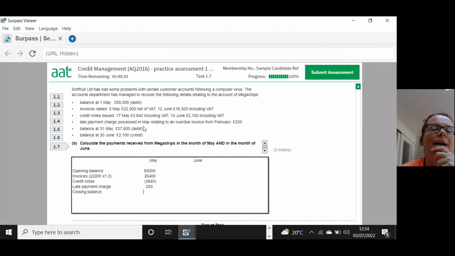If the closing balance is a debit, that means that the carry down is basically the opposite of the opening balance, right? So the carry down must be a credit. So therefore I have to subtract that closing balance to be able to work out the missing payments received figure.